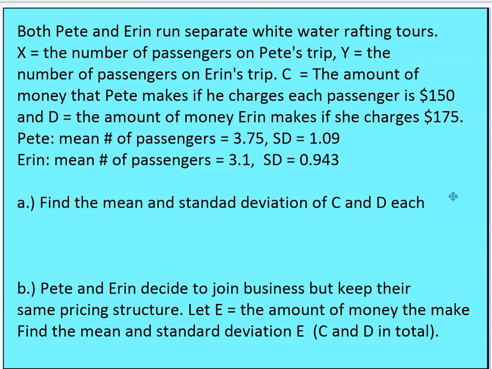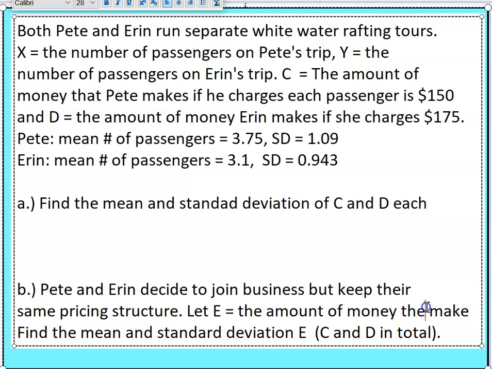Find the mean and standard deviation of C and D, the amount of money that Pete makes and the amount of money that Aaron makes, given the mean number of passengers, standard deviation, and what they're charging. And then Pete and Aaron decide to join businesses, but keep their same pricing structure. Let E equal the amount of money they make.